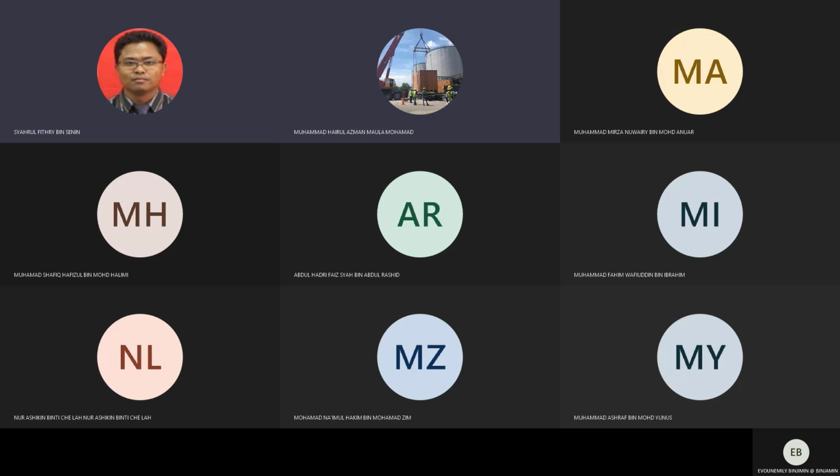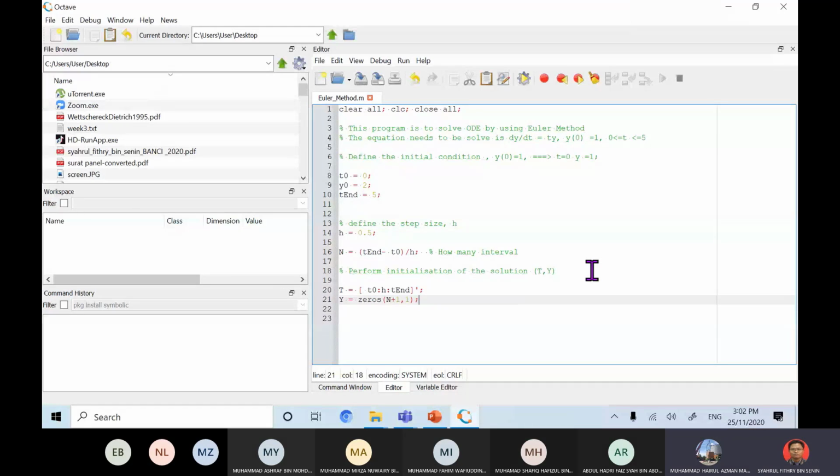Nampak tak saya ni screen ni? Nampak tak screen? Nampak. Kalau saya share nampak tak? Saya takut ada problem balik ni. Nampak tak sekarang ni? Clear. Nampak. Screen nampak. So mungkin saya punya video muka je tak nampak kot. Tak tahu kenapa kamera ni ada problem kot. Yang penting gambar ni nampak. You punya Octave ni nampak. Nampak sir. Okay, bagus. Okay, kita start again.